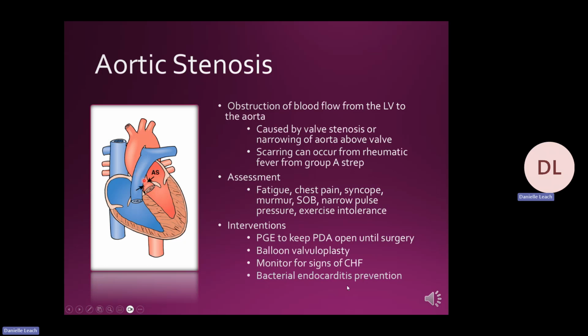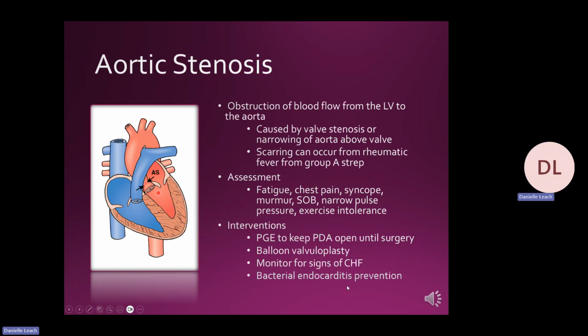It could also just be the lower part of the aorta here that is stenotic, sort of like where these arrows are pointing, could have narrowing there. One of the possible causes can be strep throat causing rheumatic fever, which can then scar the aortic valve.